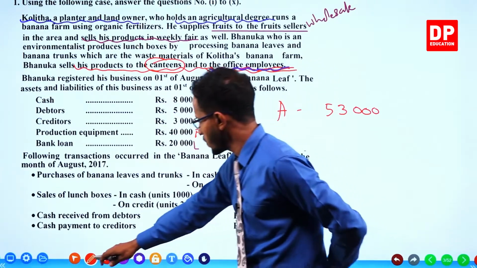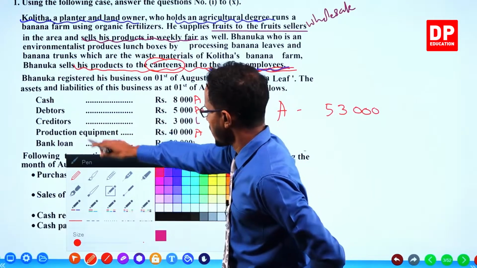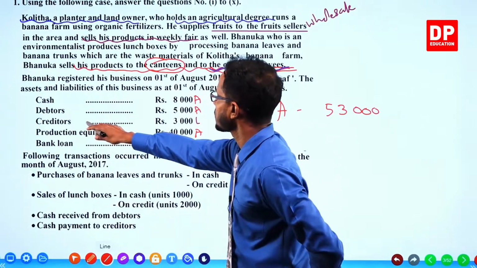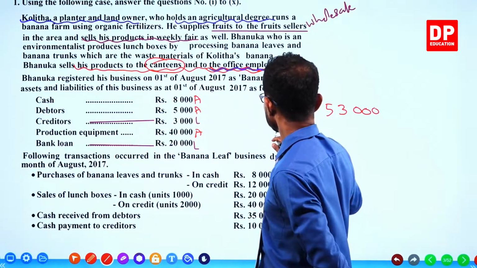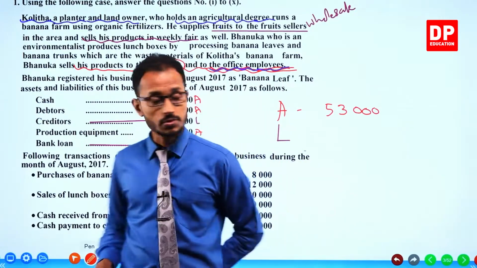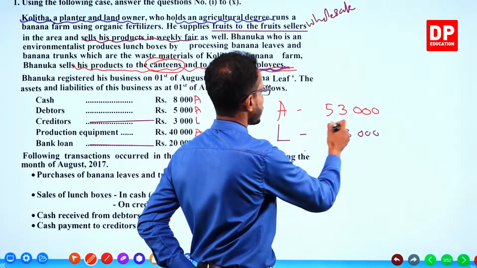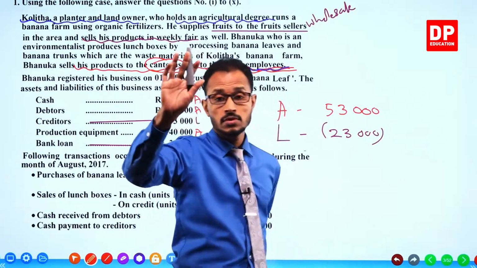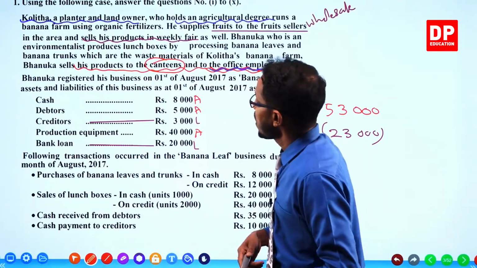Liabilities we have 3 plus 20, 23,000. Liabilities 23. Assets minus liabilities. Wait, we have to check whether there are any more items.